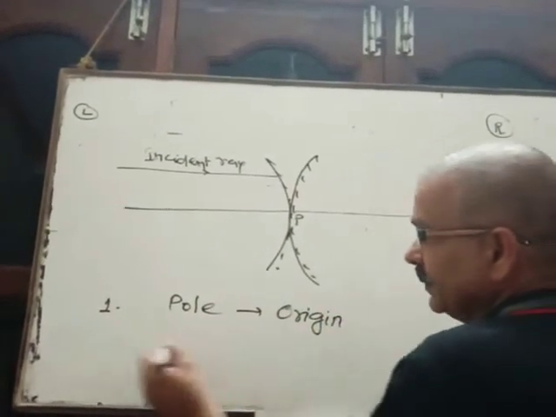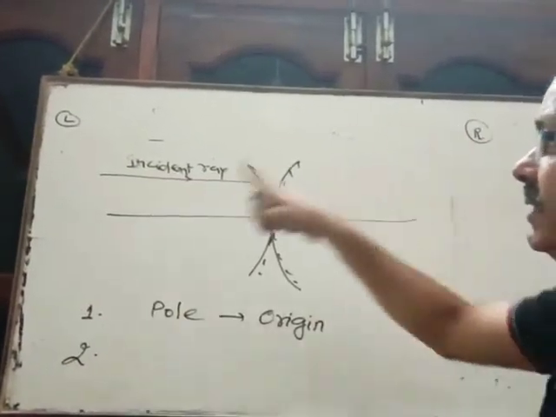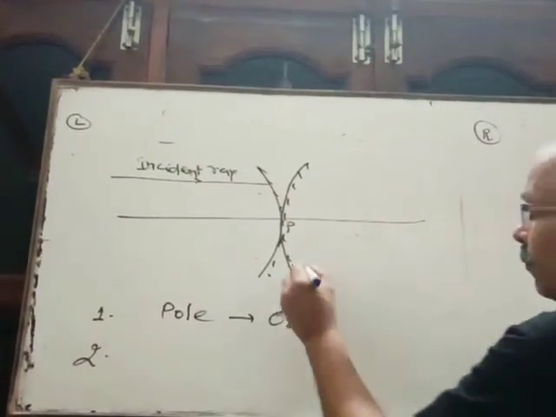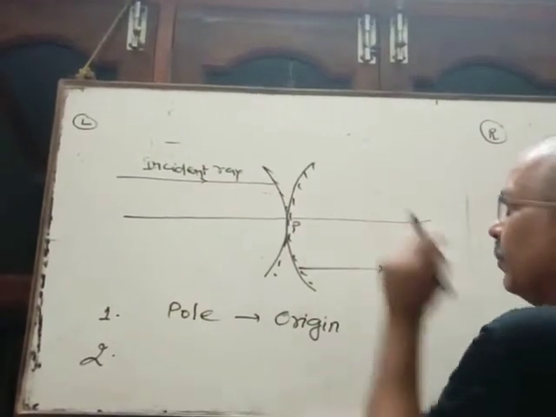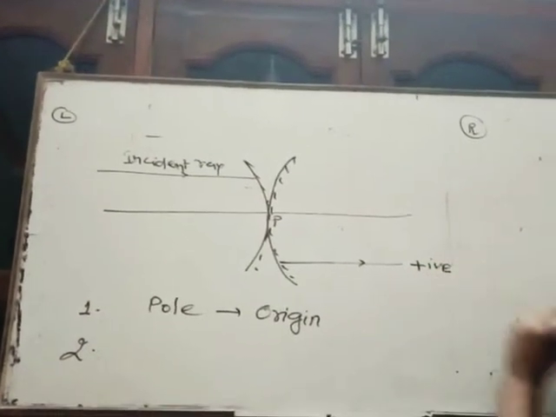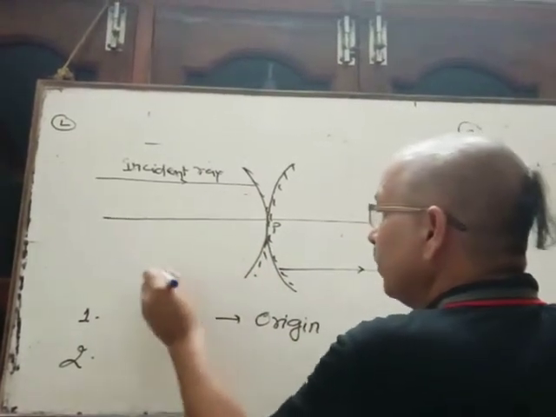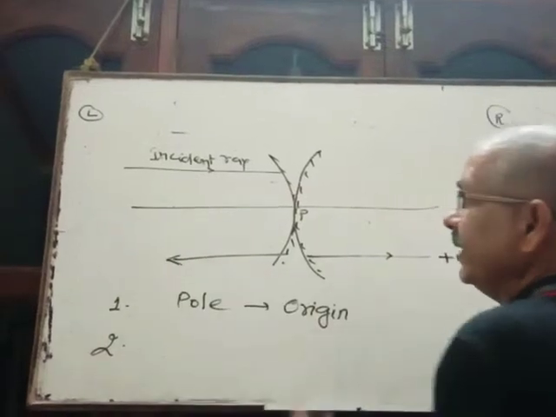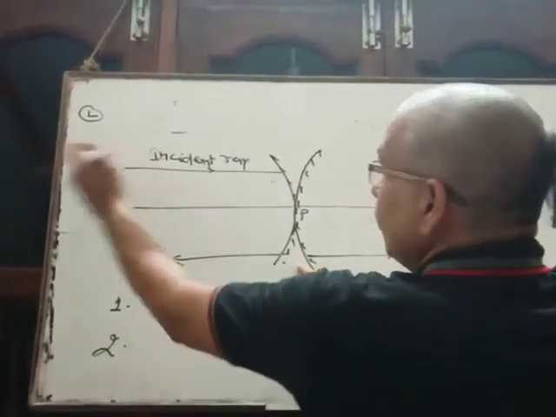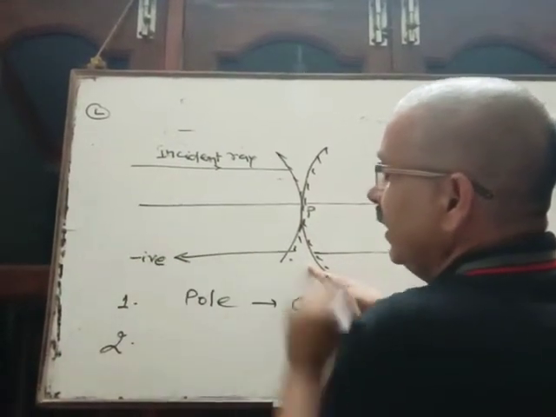Second point. The distance measured along the propagation of the incident ray, see here, this incident ray is moving from left to right. So if we move towards the right from the pole, then these distances are taken as positive. Distance measured opposite to the direction of propagation of the incident ray is taken negative. So if we move from the pole to the left, opposite to the propagation of the incident ray, then this distance is negative.